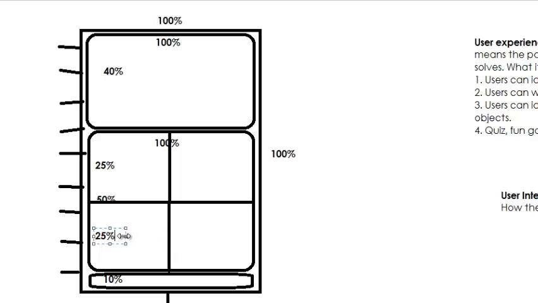So 25% plus 25% will give you 50%. This part is 100, so this one is what? Who can give me the answer? 50%, correct? And this one is equal to 50%. You can see now that we have the user interface for our app designed. So now let's go back to App Inventor.